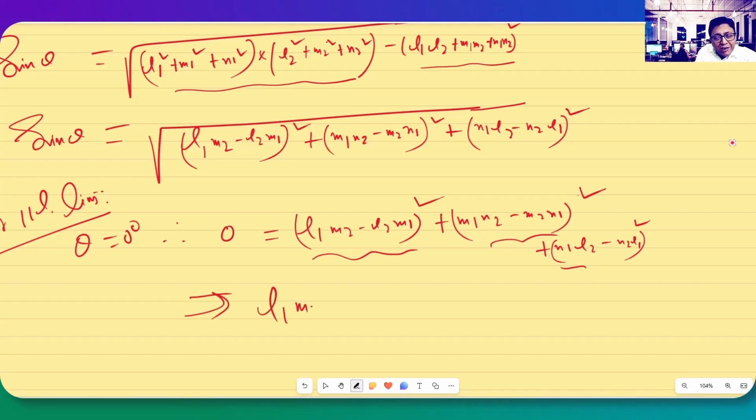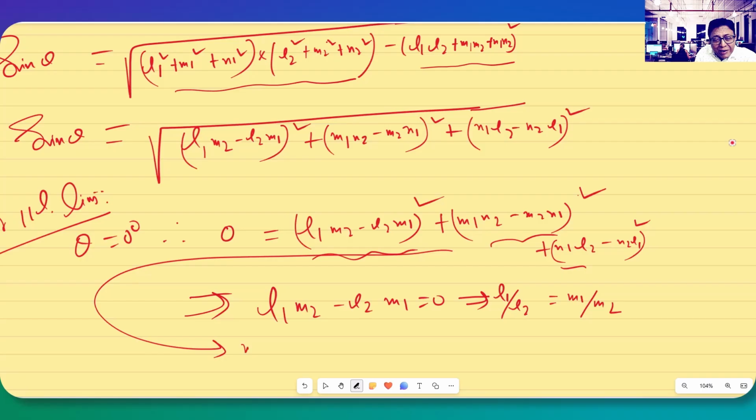So this implies L1 M2 minus L2 M1 is 0, which implies L1 by L2 equal to M1 by M2. Also, from the second one, what do we get? M1 N2 minus M2 N1 is 0. So this implies M1 by M2 equal to N1 by N2.